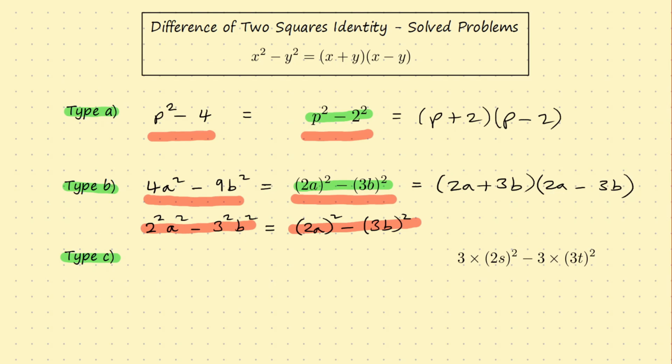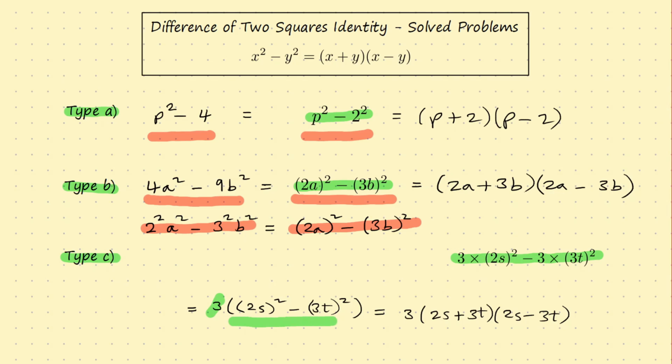Type C problems are similar to Type B problems, except that they have an additional common factor. So, for example, we may have 3 times (2s) all squared minus 3 times (3t) all squared. And we factorize such an expression by first taking out the 3 as a common factor, and then dealing with what's left inside the brackets as we did with the Type B problem to produce 3 times (2s plus 3t) times (2s minus 3t).